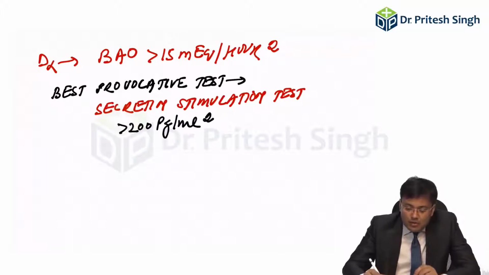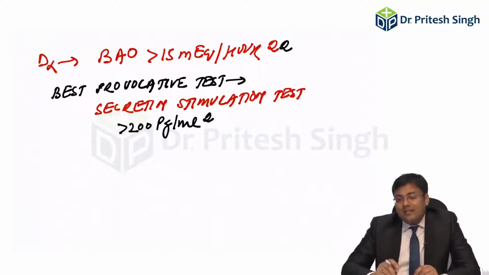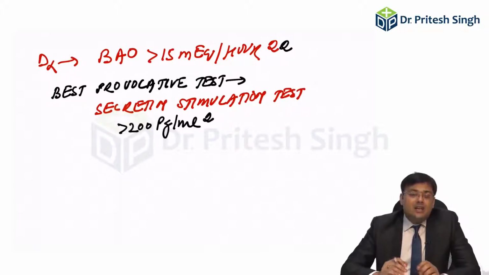So you have to remember two values: basal acid output more than 15 milliequivalent per hour, or on secretin stimulation test, release of gastrin more than 200 picogram per ml is diagnostic.